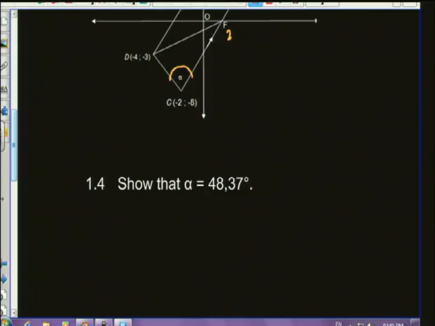You need to remember there's a rule that says tan of a particular angle will be equal to the gradient. This angle is the angle that a particular line makes with the x-axis.